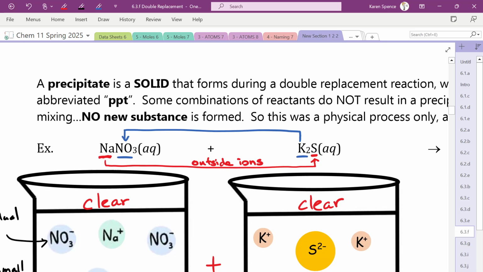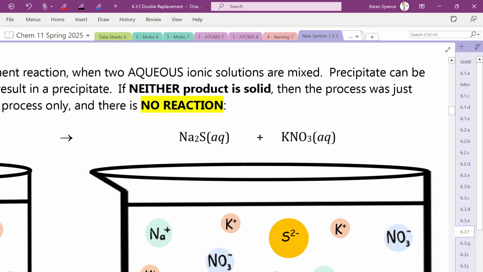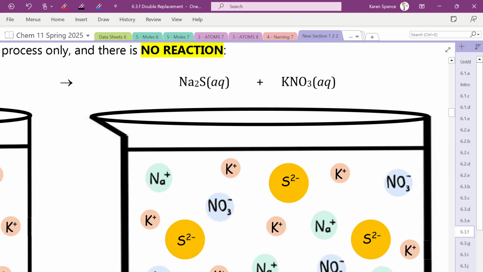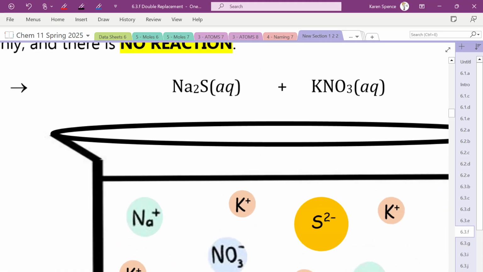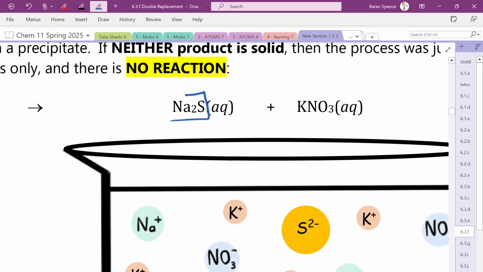So those are our inside ions. If we look over here, and I mix them together, if you go and look up Na2S, let's go look up Na2S.